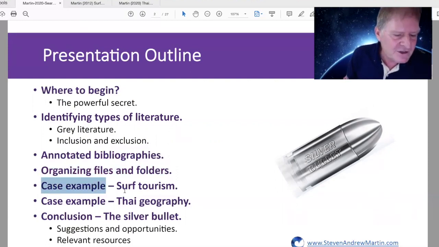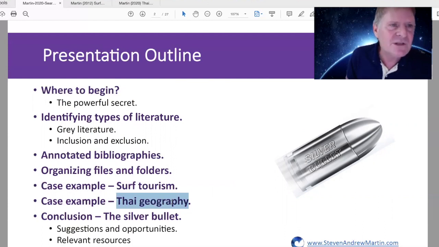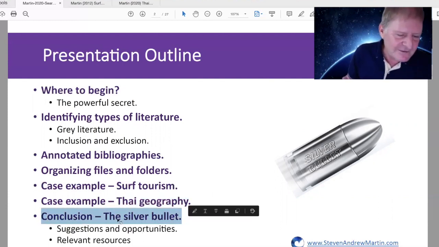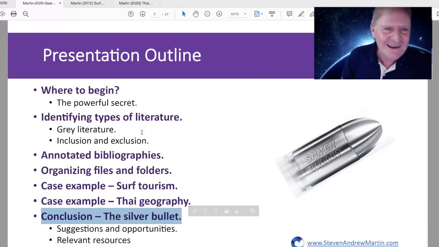And then I'll share a couple of case studies or case examples with you. Maybe 4 or 5 slides on a paper that I wrote, and I think this paper you're aware of, my Thai geography paper, a few slides on that. And then in the end, we talk about the conclusion and the idea of its silver bullet.